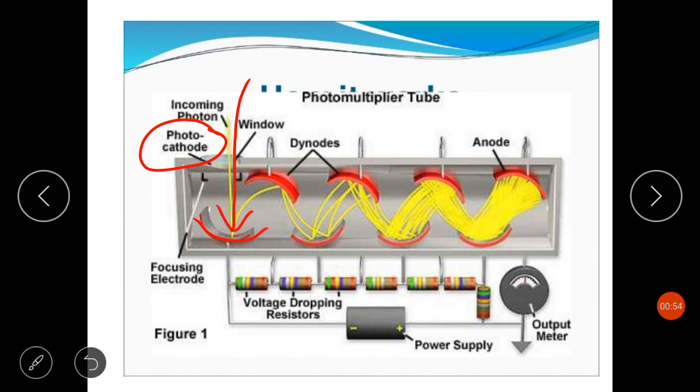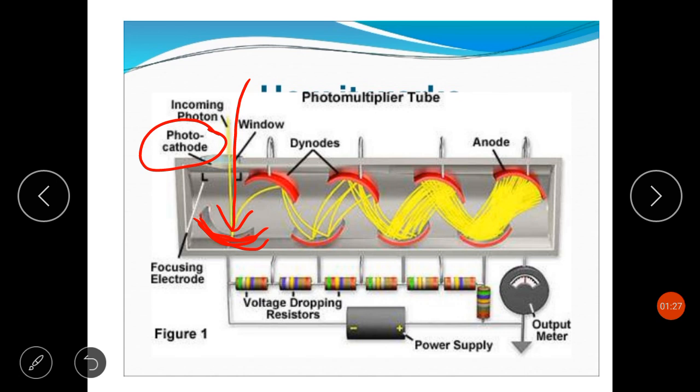When light falls on this photosensitive cathode, and the energy of the photons in the light is greater than the band gap energy of the photoemissive material coated on the cathode, electrons will be emitted from the cathode after gaining energy from the striking photons.